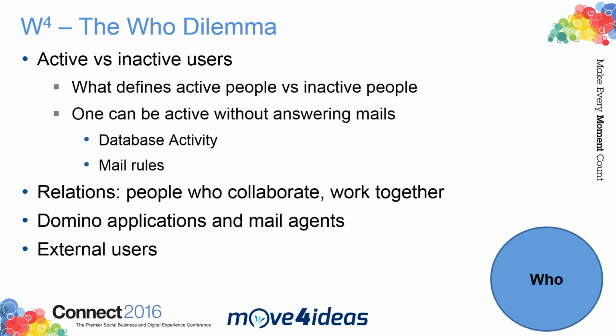We want to define the who, the population, so the relations, who are collaborating together, who are working together. The third point is Domino applications and mail agents. We will manage this kind of people. And last, external users. If you do have external users using your mail system, you will have to take them into account in the new platform.